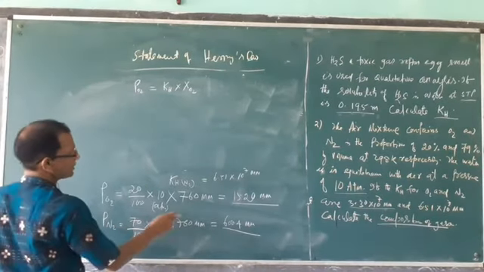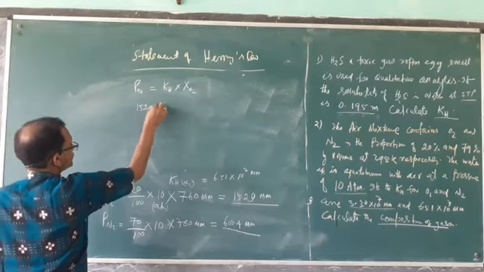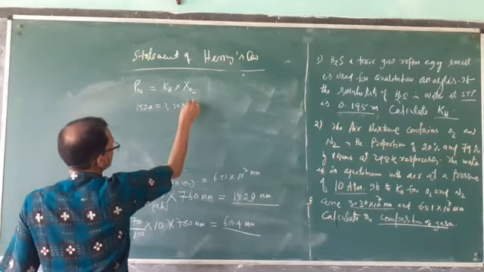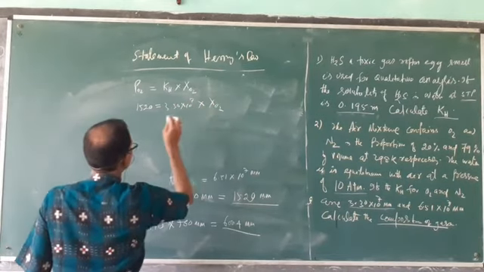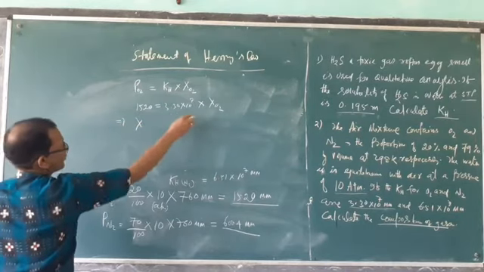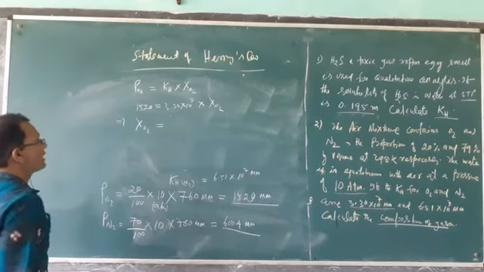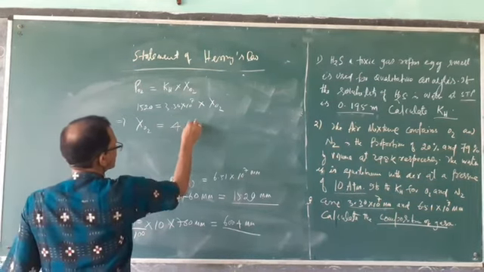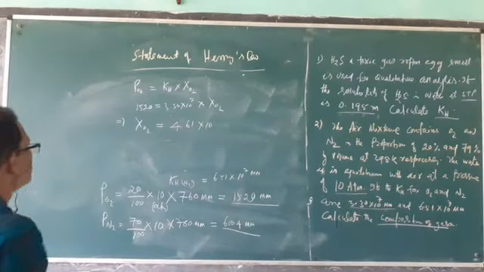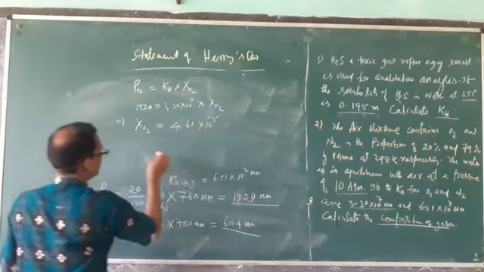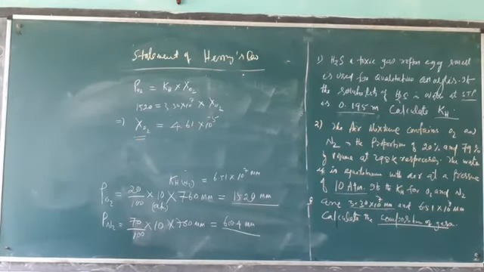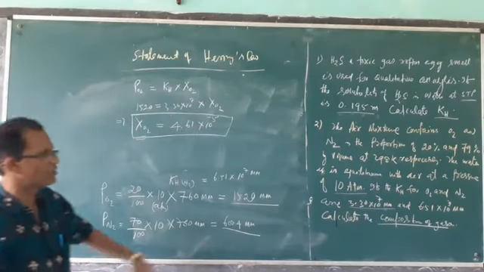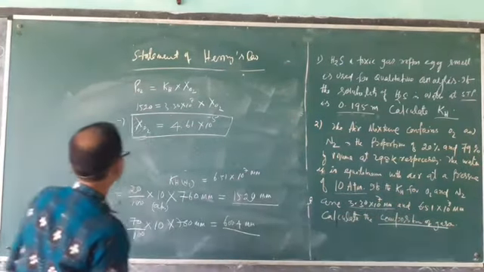If you put the partial pressure of oxygen already calculated, 1520, equals the KH value given in the question, 3.30 into 10 to the power 7, into the mole fraction of oxygen, then you calculate the value of the mole fraction of oxygen. The answer will be 4.61 into 10 to the power minus 5. Mole fraction has no unit because both units cancel. So this is the mole fraction of oxygen in the mixture.